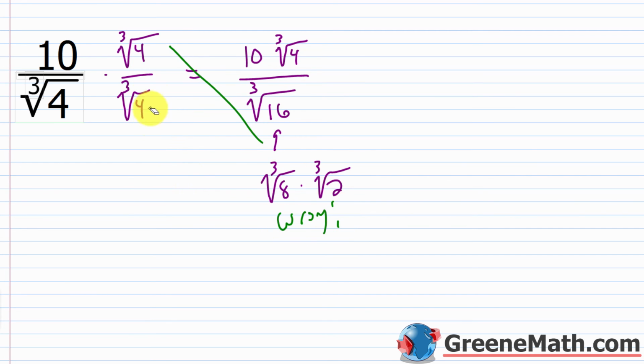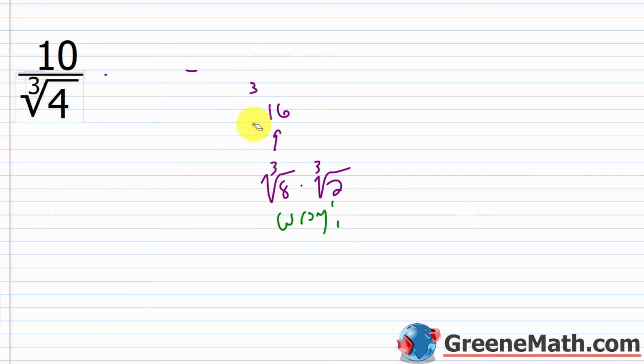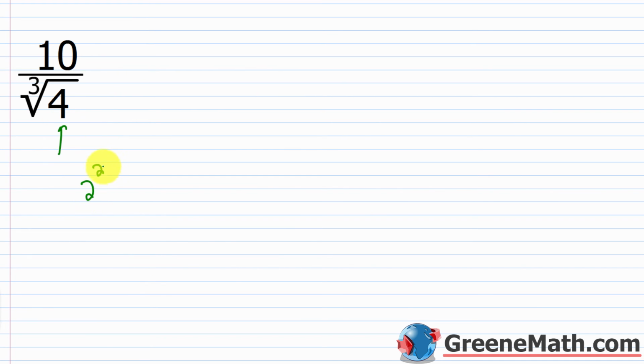Okay? What you need to think about here is, what do I need to do to get to a perfect cube? So, in other words, if I have 4 here, and 4 is 2 squared, well, I need another 2 to get to a perfect cube. So, what I want to multiply by here, in this case, is the cube root of 2 over the cube root of 2.